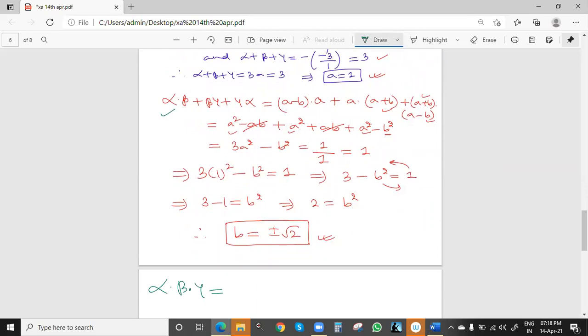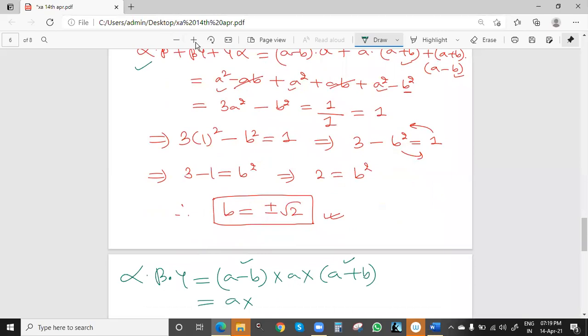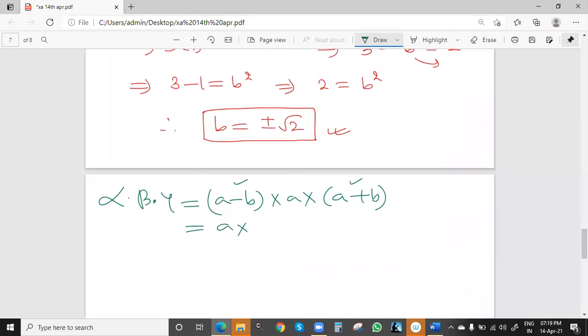Alpha was given A minus B, beta is A, and gamma is A plus B. So this will be A into A minus B into A plus B, that is A into A square minus B square, right? A is 1, so 1 into 1 square minus B square, that is 1 minus B square, correct?